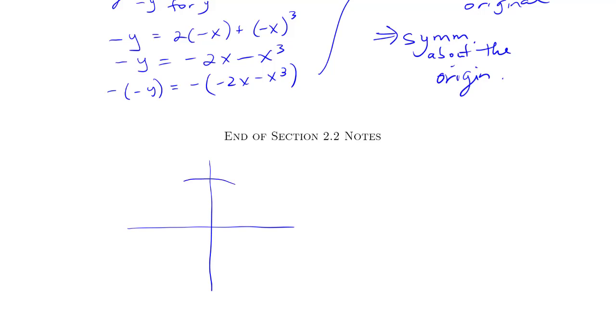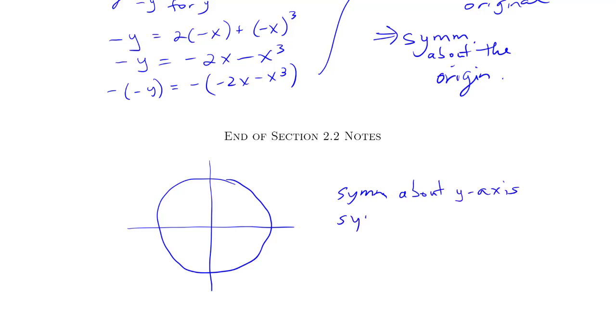A circle centered at the origin is symmetric about the y-axis, it's symmetric about the x-axis, and it's symmetric about the origin. That particular graph is nice. It has all of those symmetries, but that's rare. But just an interesting side note.